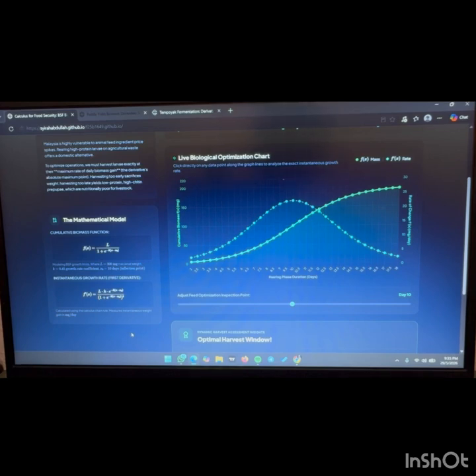Now I would like to explain the importance of studying this bioscience problem. This study is important because it helps improve food security and sustainable agriculture in Malaysia. By using black soldier fly larva, food waste can be reduced while producing an affordable protein source for livestock feed.